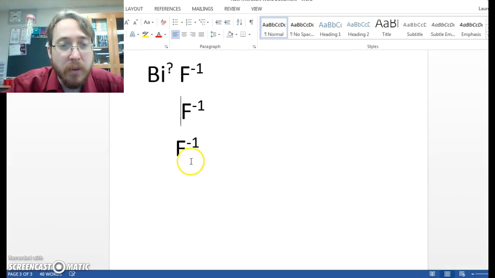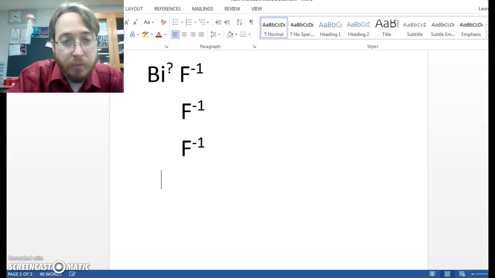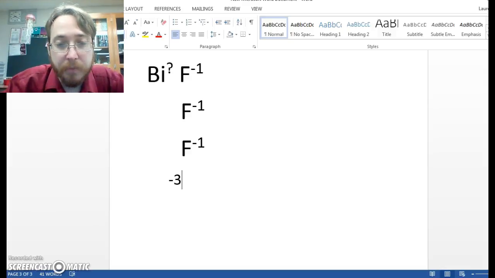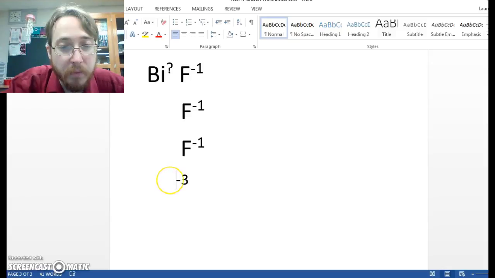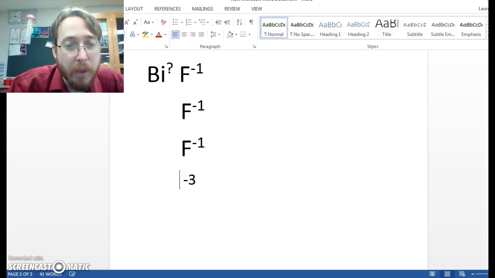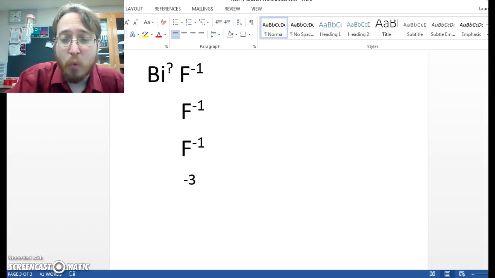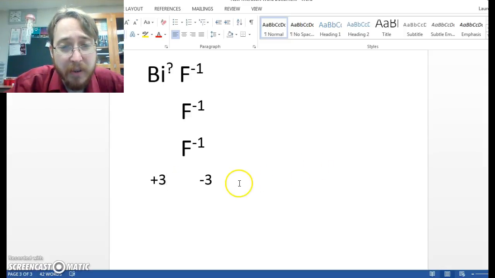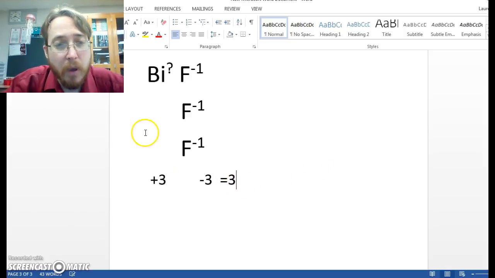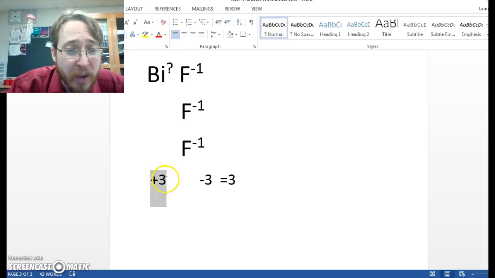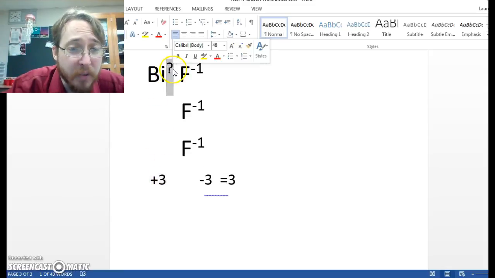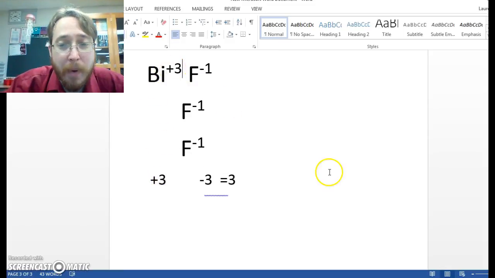Well, that means this side of this compound is going to have a -3. Well, for the -3 to be balanced, we have to have a +3 on this side. So this +3 has to come from our bismuth. So that's going to end up being a +3.